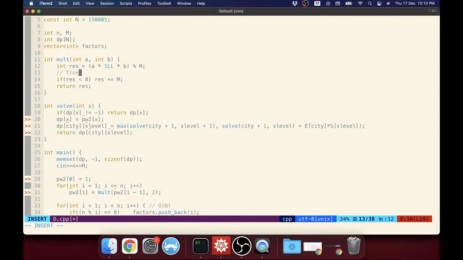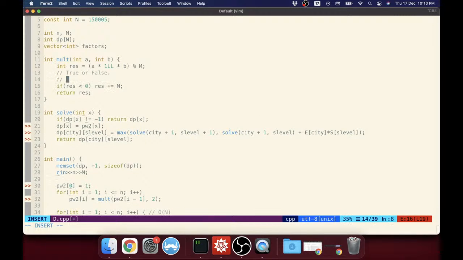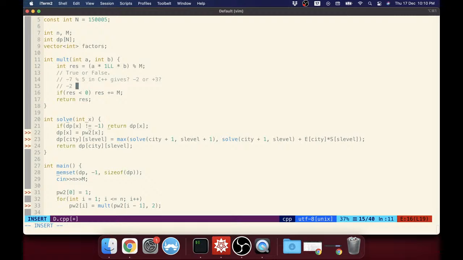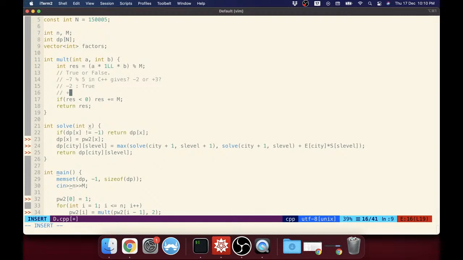True or false? Let's do one question just to understand if people understand this. When done, -7 mod 5 in C++ gives what? Does it give you -2 or +3? If you think it gives you -2, say true. If you think it gives you +3, say false.